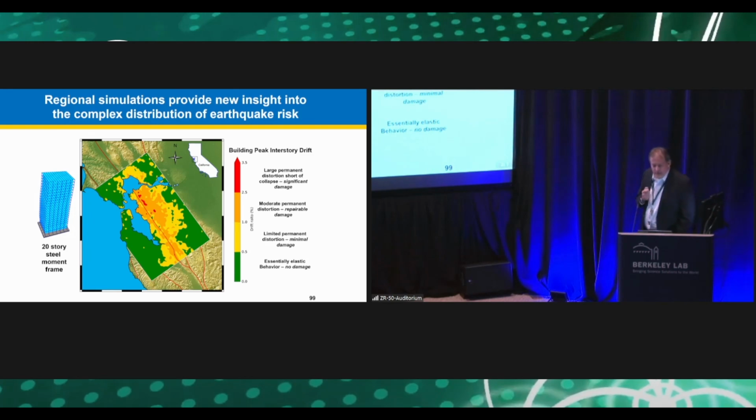So what does this get us to? This capability, end-to-end capability, for the first time is allowing us to look at the complexity of the risk to structure in an entire region like the San Francisco Bay Area. What you're seeing here is the damage potential, where red being the hot colors and more damage, for a representative 20-story steel moment frame building at every location in that Bay Area.